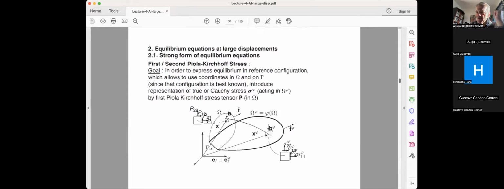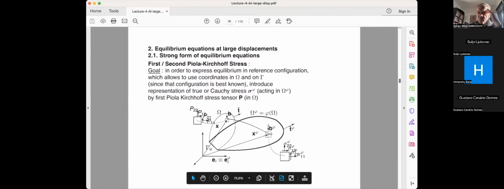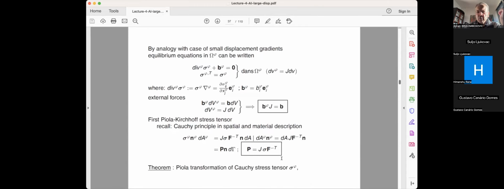Now, if I take out the infinitesimal element in this configuration, and I want to keep it in equilibrium, next to applying the external load b phi, I also have to apply the true Cauchy stress, which is acting in this configuration. So obviously, this type of development allows me to build an equilibrium equation that looks very much the same as I had previously.